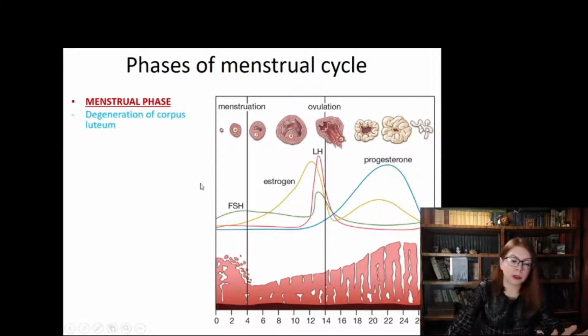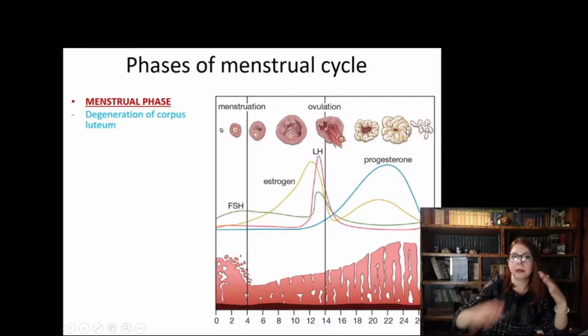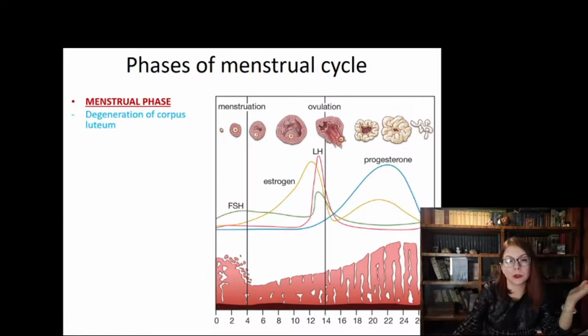What happens in the menstrual phase? First of all, hormones decrease in concentration, and we can see that especially progesterone, estrogens, and luteinizing hormone are at the lowest concentration. Why? Because now the yellow body degenerates in case of the absence of pregnancy.